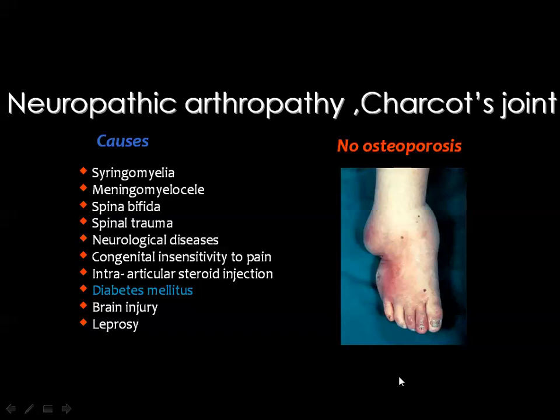Then one of the major complications of the diabetic foot is the development of neuropathic arthropathy or the Charcot joint, which has also many other underlying causes like spinal diseases, brain injury, and so on.